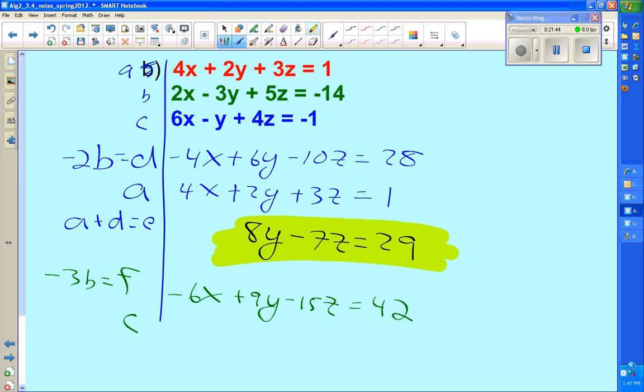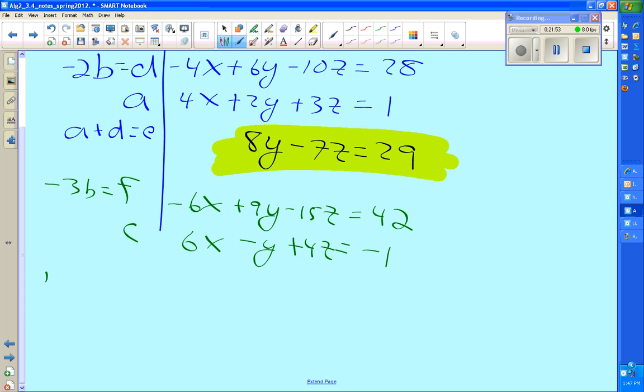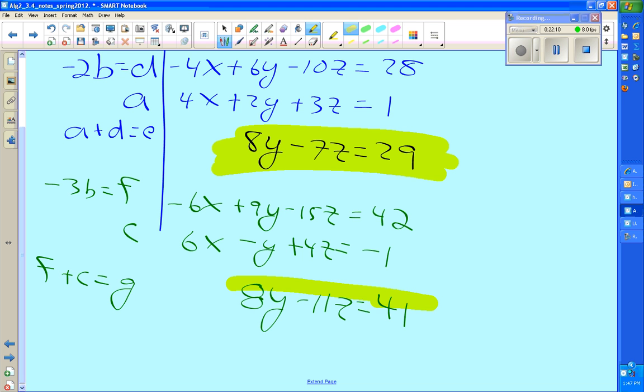Again, C: 6x minus y plus 4z is equal to negative 1. If we add F and C, the x's cancel. This time it's 8y, a negative 11z, and it's 41. So there's your second equation with 2 variables, y's and z's only.